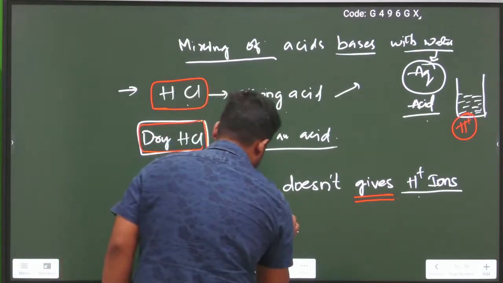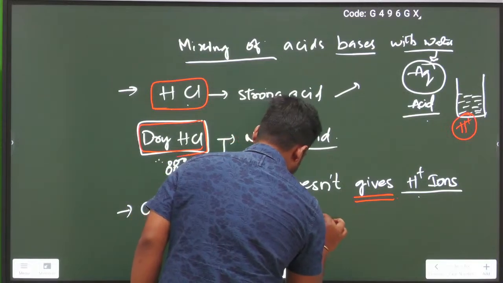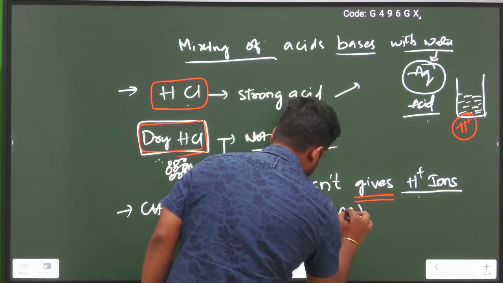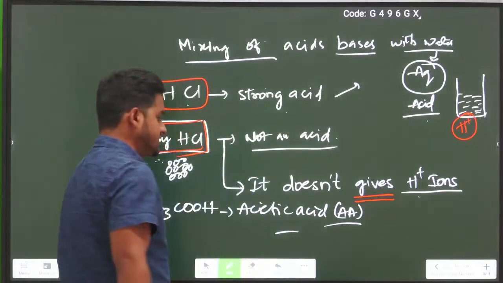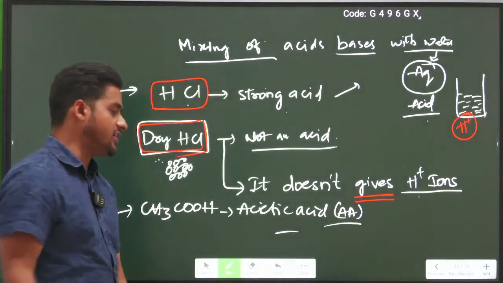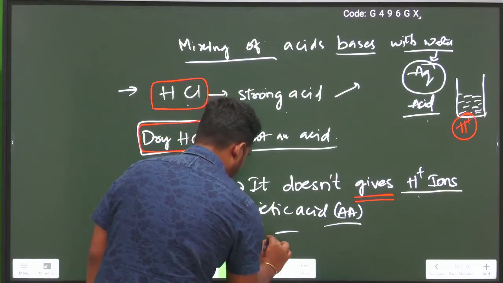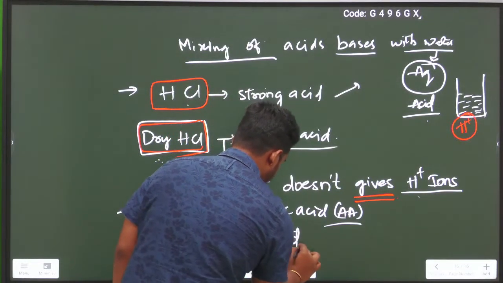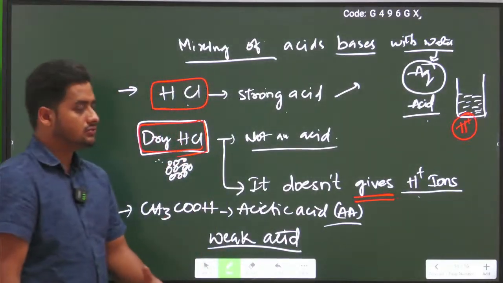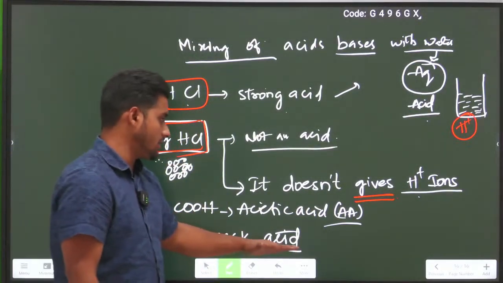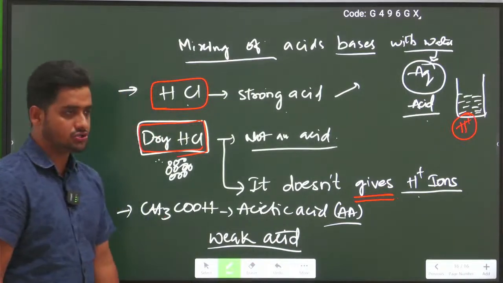Acetic acid. Acetic acid in aqueous form only is a weak acid, not in dried form.